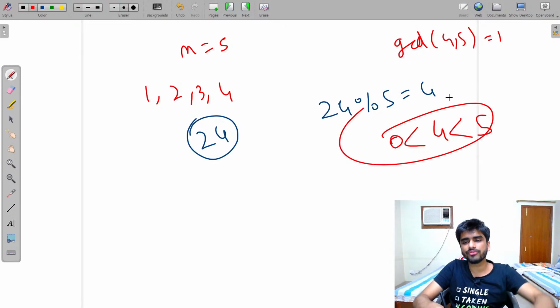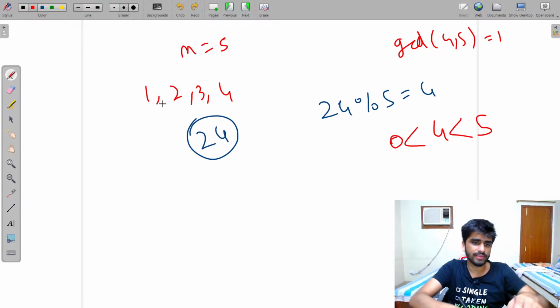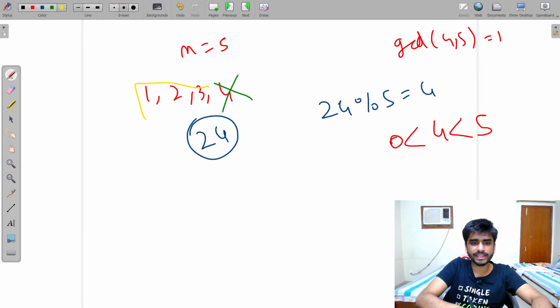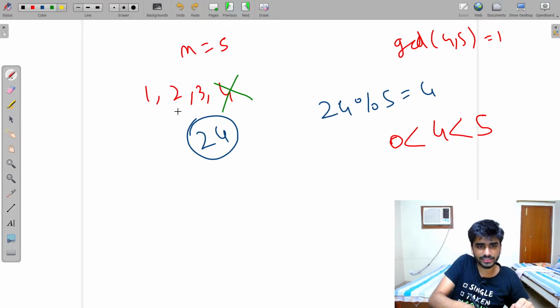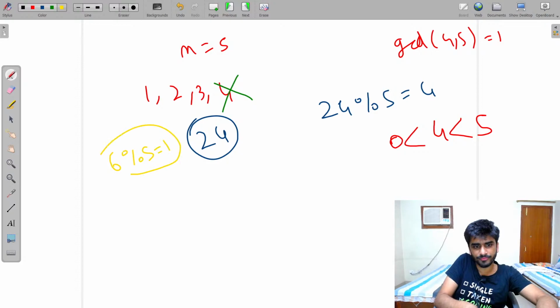So if 4 is in this range and is co-prime to 5, that means definitely we initially multiplied it to get the product P. Now we will just remove this element, and what we get is a bunch of elements which multiply to give 1. You can see that 3 times 2 is 6, and 6 mod 5 equals 1.